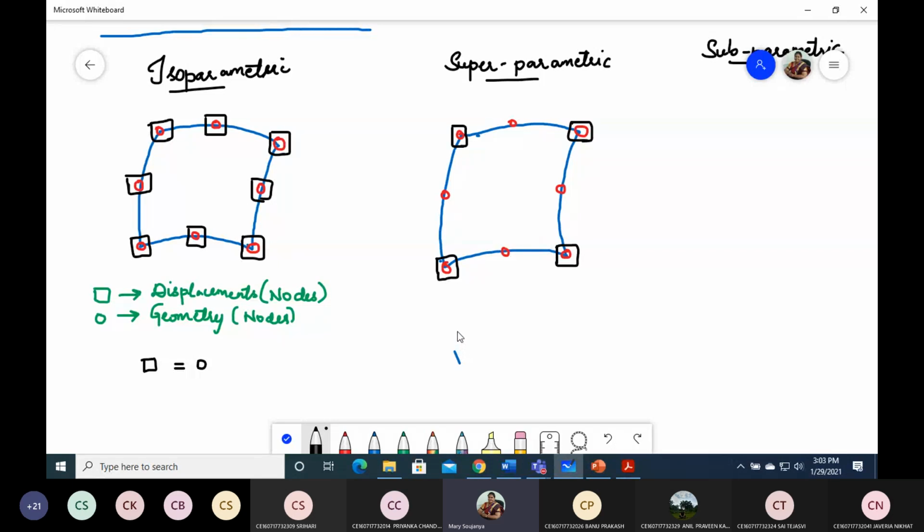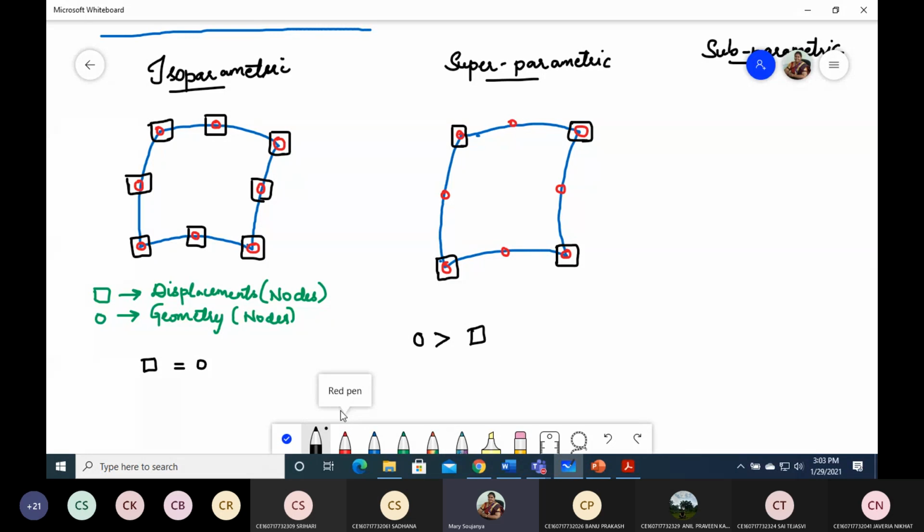If the nodes that are used to define geometry are more when compared to the nodes that are used to define the displacements, then we are calling that a superparametric element.